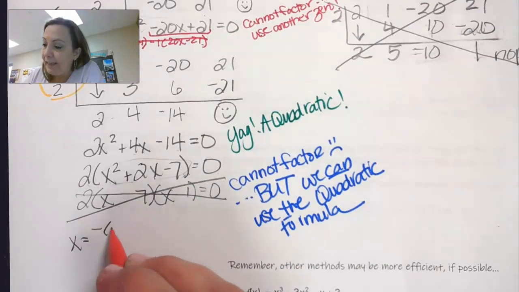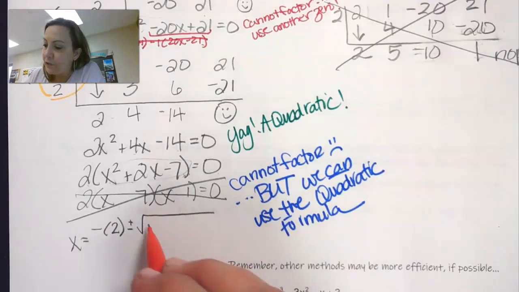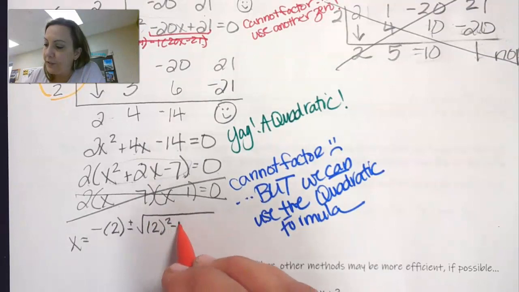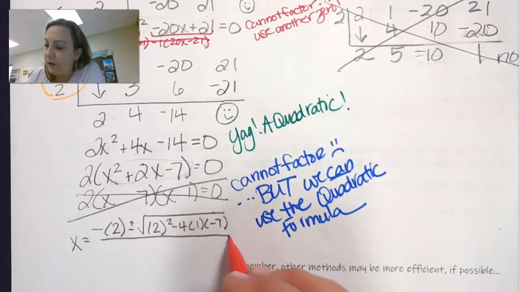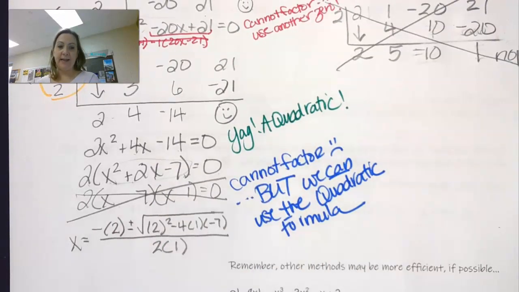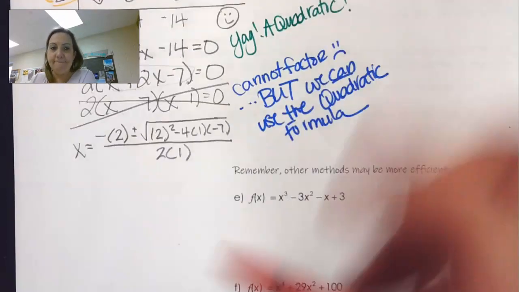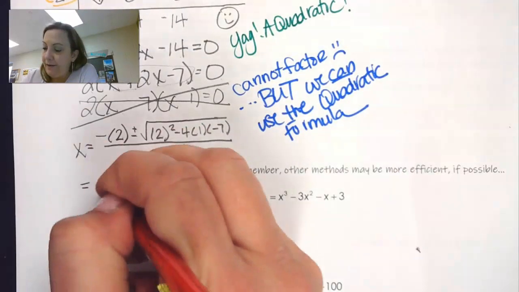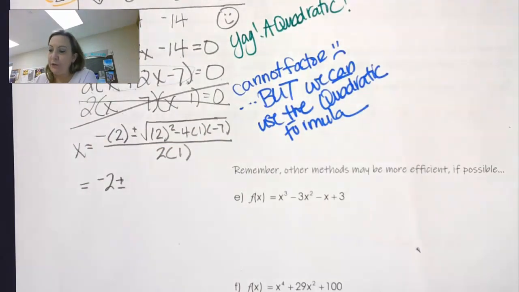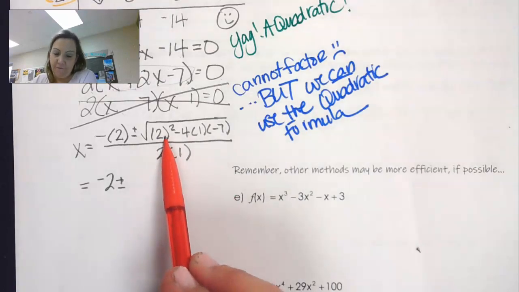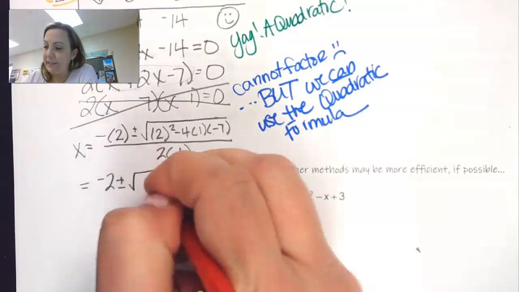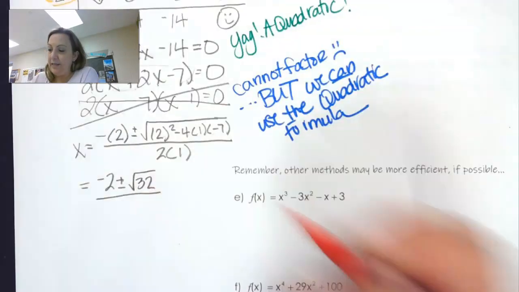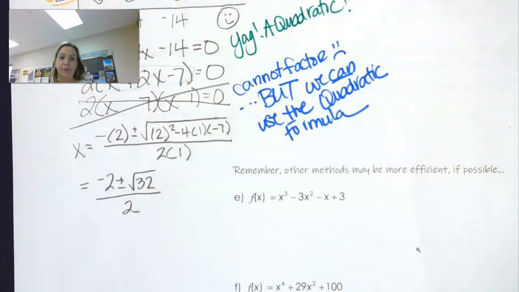So I'm going to have negative b plus or minus the square root of b squared minus 4ac all divided by 2a. Okay, so let's clean that up. That becomes negative 2. This is going to be 4, and this is going to be plus 28, so that's going to give me 32, and then 2 times 1 is 2.